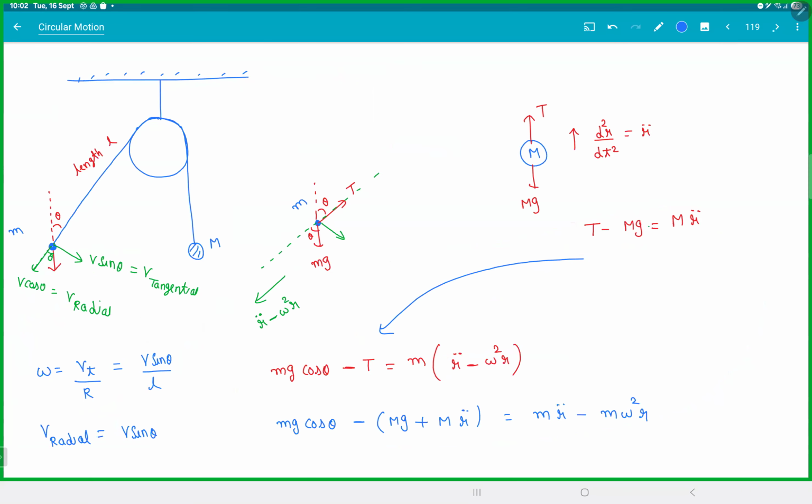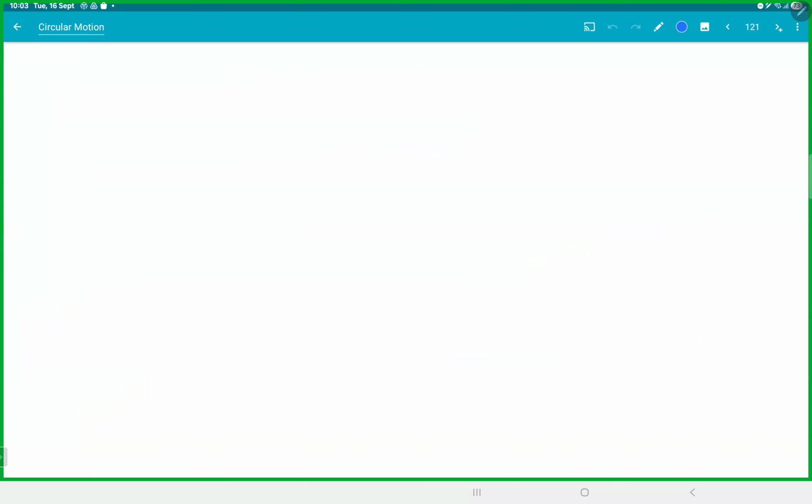For alpha, you will need the Coriolis force and all that stuff. So what about that alpha thing? Again, if you take the FBD of the small m, we have tension, we have mg cos theta, we have mg sin theta. This is the only tangential force. So mg sin theta will be m into the tangential acceleration.